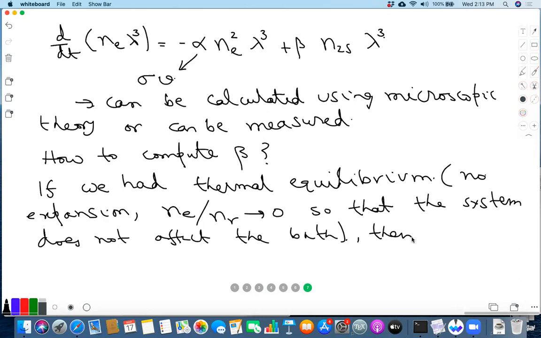Then we will have d/dt of n_{nl} is constant, equal to 0. And this would mean that alpha n_e squared should be equal to beta n_{2s}, if the system has been in thermal equilibrium.